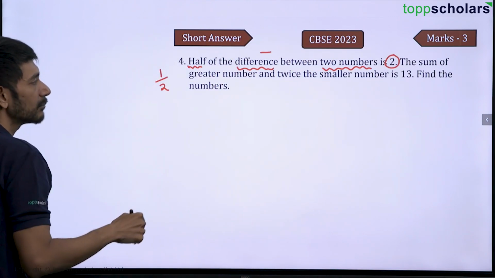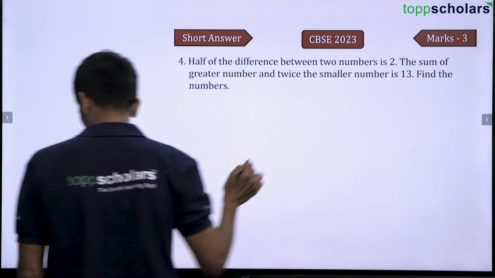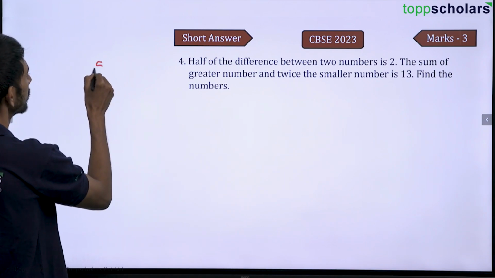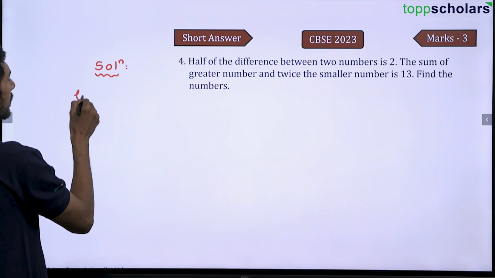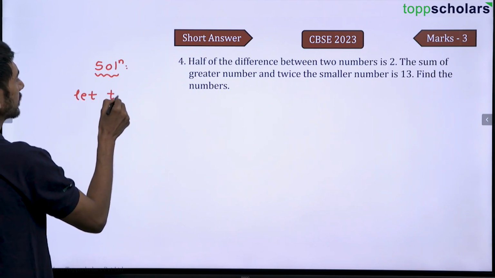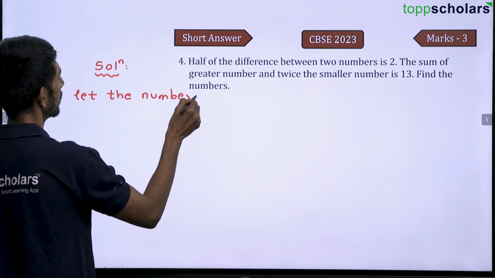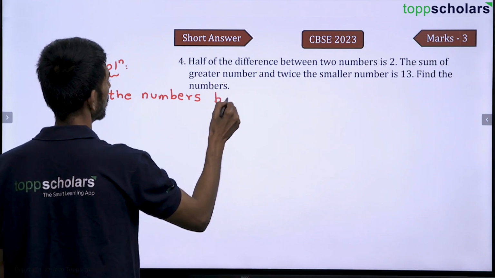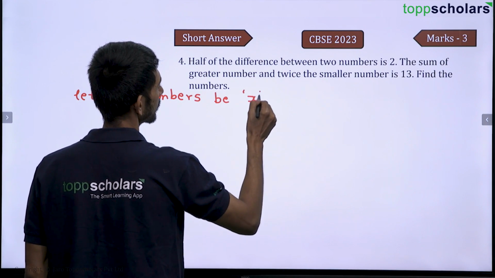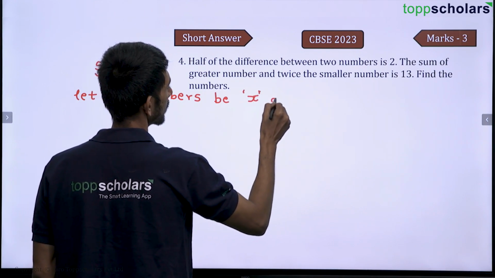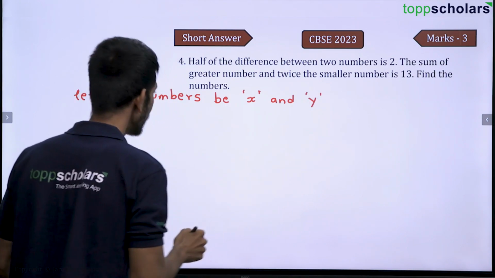The sum of the greater number and twice the smaller number is 13. Find the numbers. Okay. So firstly what we can do is, we can assume, let the numbers be x and y.